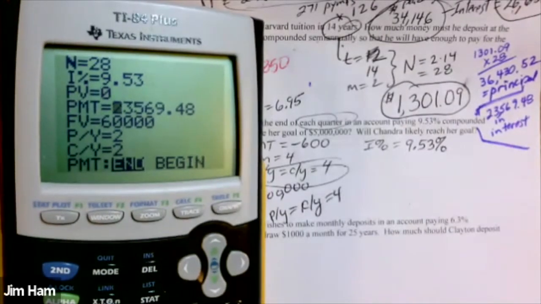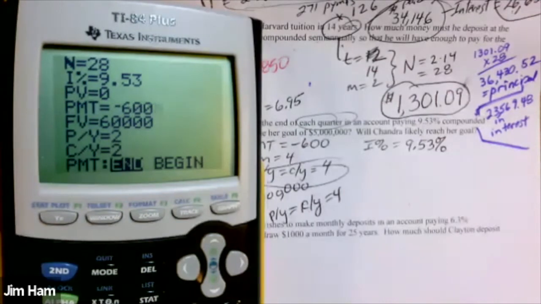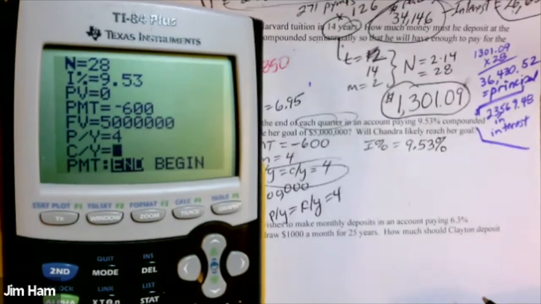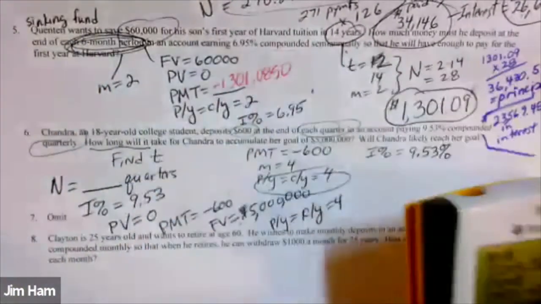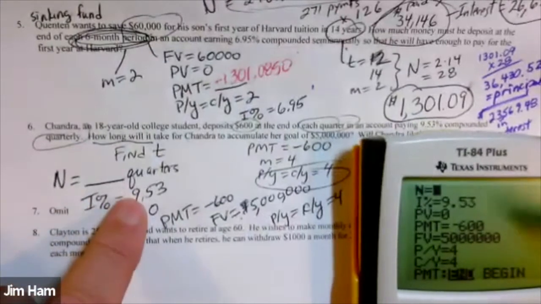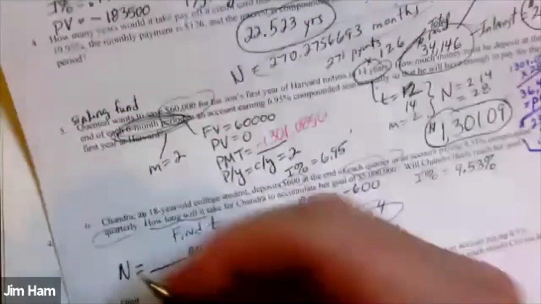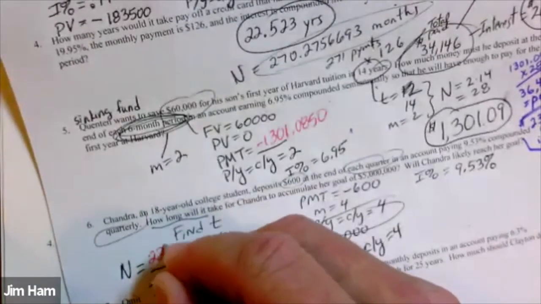Start with nothing, make 600 payments, try to achieve $5 million. Check to make sure everything is in there correctly. I think that's it. We'll do an alpha solve there, and we get 224.96 quarters. So write that in there.